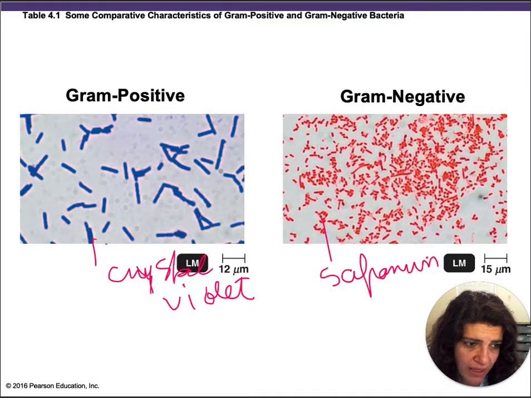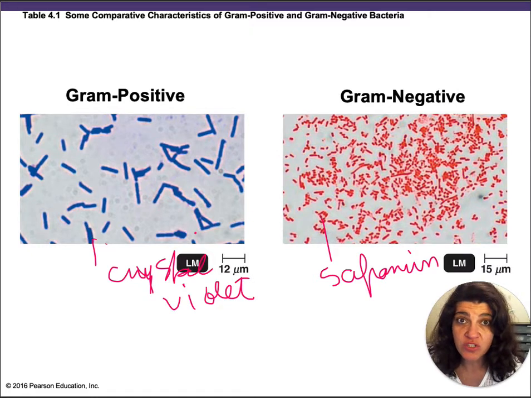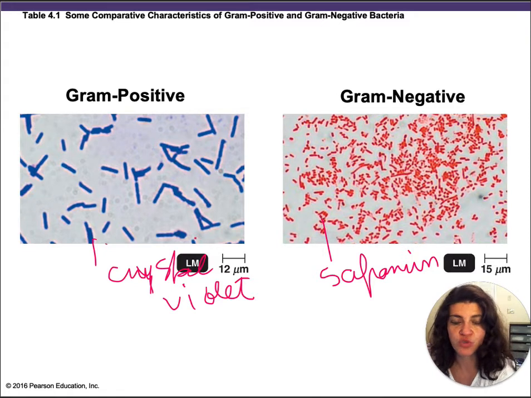And you're going to be like, but why if you apply the counterstain to both, the gram-positive don't also get red? They do, but purple is a stronger color than red, so you don't really see the red from the safranin because that purple is more evident. Okay, so you don't visualize the red, because sometimes you see it as a light pink. Sometimes it's more red, sometimes it's light pink.